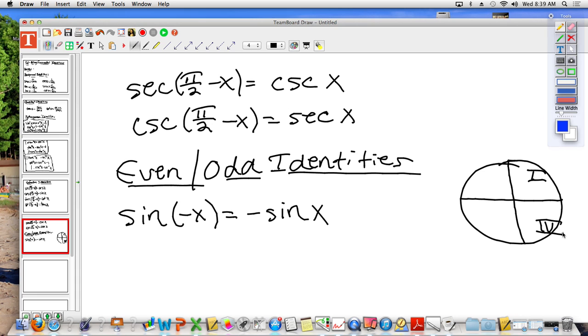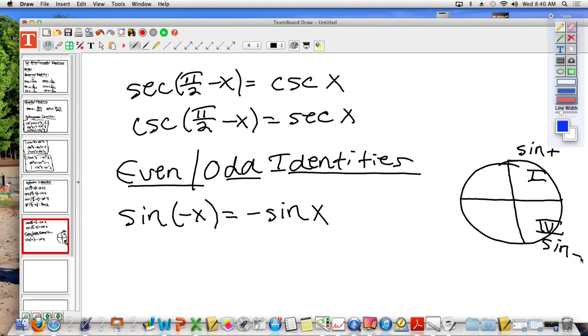In quadrant 1, are our y values positive or negative? They're positive. So I'm just going to put a little note here that sines are positive. What about down here in quadrant 4? Are our y values positive or negative? Negative. So our sine values here are negative.